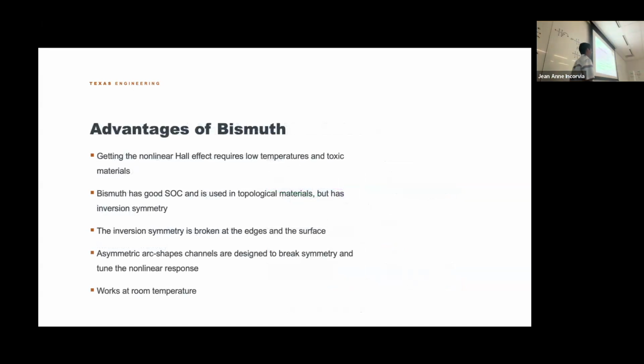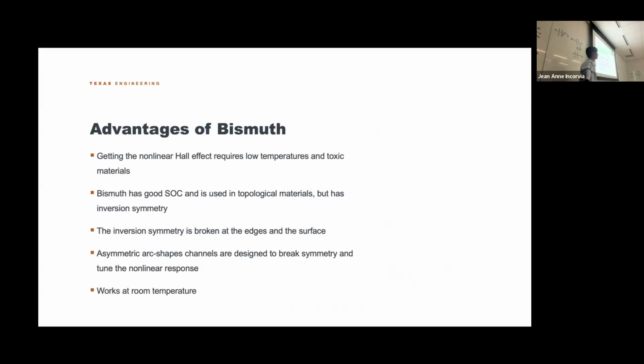So next I'll be talking about bismuth, which is a popular material used for this. Before bismuth was commonly used, getting the nonlinear Hall effect required really low temperatures and materials that are toxic to the environment, so it's not that practical to use.